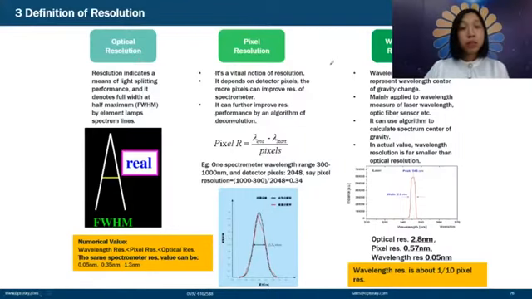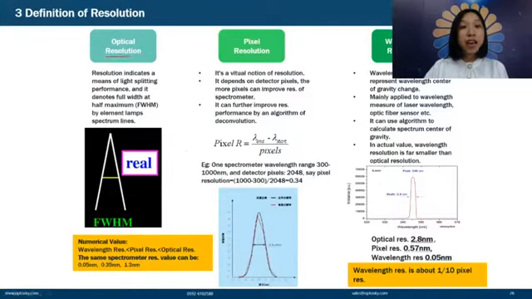Even worse, if the customer is not familiar with these 3 types of definitions, he could take a risk of being misled by the supplier's resolution value. Here, we emphasize the 3 types of definitions to you.